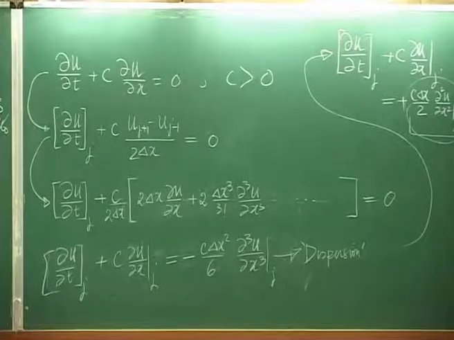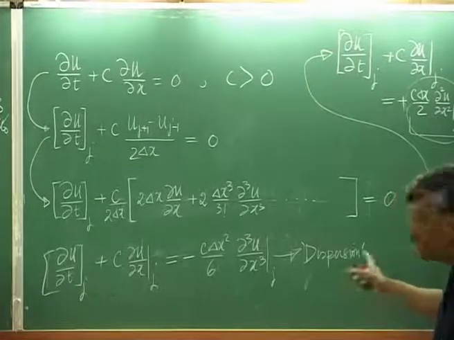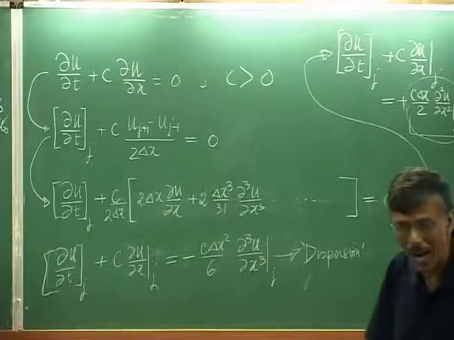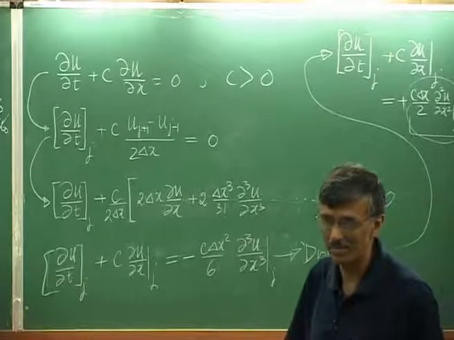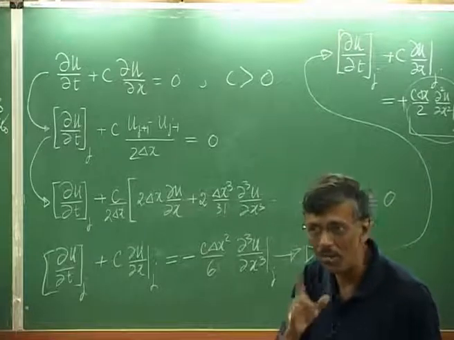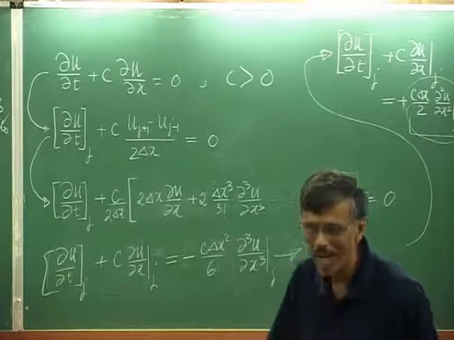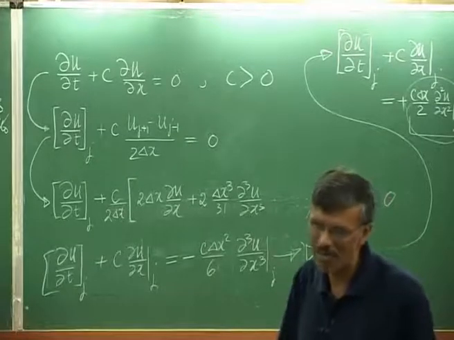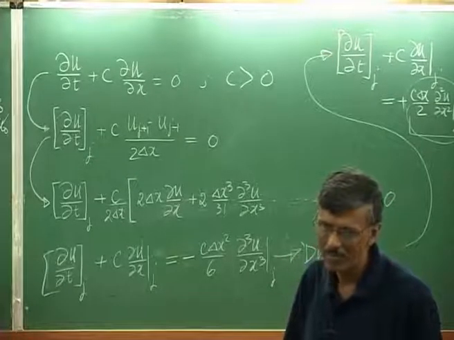What is happening here? Again, we are not being truthful, because that is the price we pay for discretization. A differential equation always gives you a point property, and whenever we discretize, we are bringing in information from the surrounding points.